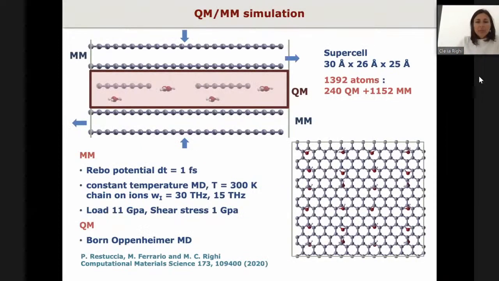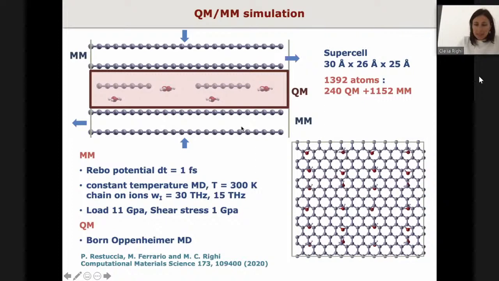To verify this hypothesis, we performed quantum mechanics, molecular mechanics simulations, considering a system of about 1,400 atoms, where the chemically active region, consisting here in graphene ribbons interacting with water molecules, was described accurately through quantum mechanics, while the rest of the system, where chemical reactions do not take place, is described by classical molecular dynamics.